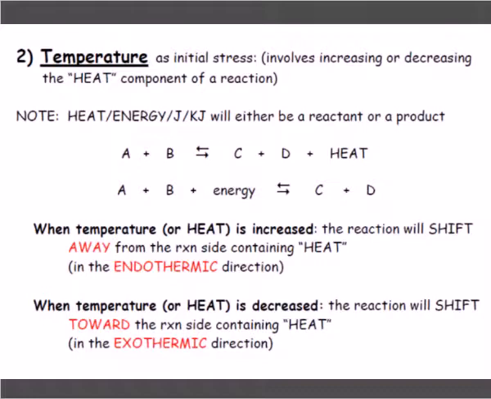We talked about this the other day. If you're given a reaction, what terms would you see? Energy, heat, or enthalpy, which could have a delta. It's a value, like a kilojoule value. Like it says right here: heat, energy, joules, or kilojoules. Those are the pieces you're going to see.